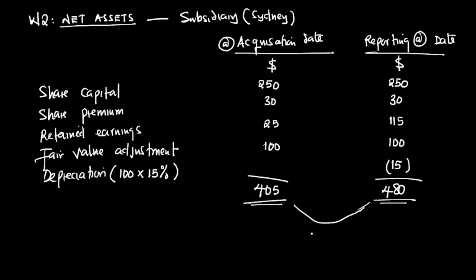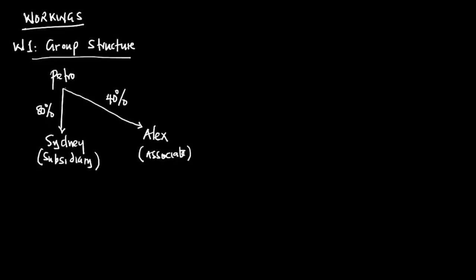That will give you 75. Now this 75 is known as the post acquisition profit. Now I would want first to go to the fair value adjustment. So let's get to the question.